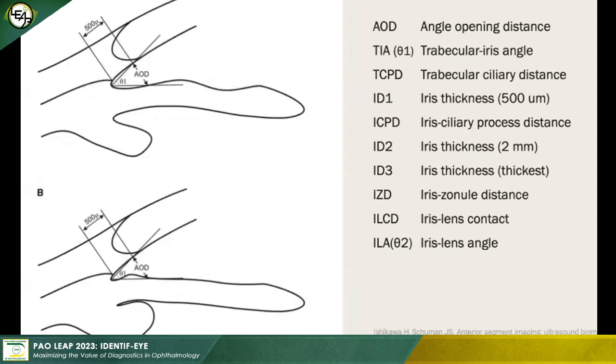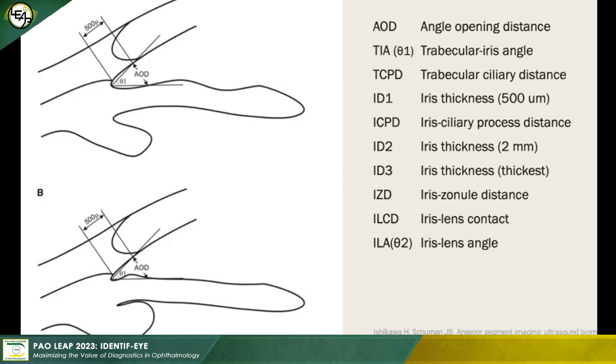But sometimes these values can have limitations. Here's one example. Notice how on image A and image B, the values of AOD and the TIA are the same. But notice variations in the angulation of the peripheral iris and in the ciliary processes.